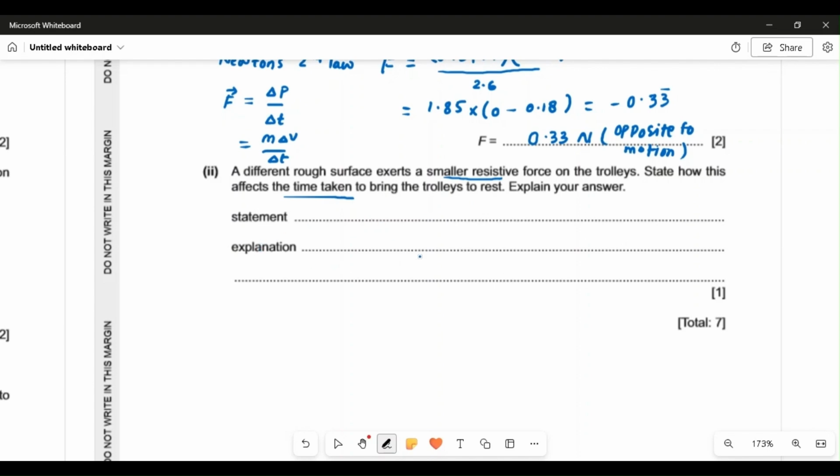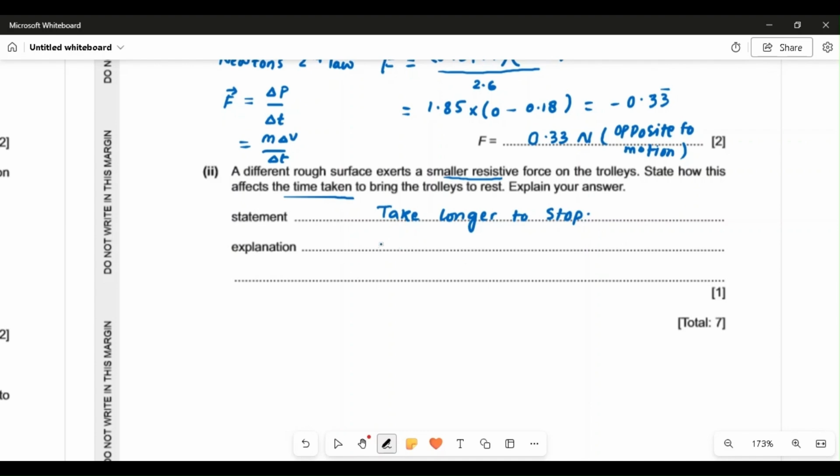The statement is, it will take longer to stop, or it will increase the time. You can just say increase the time.